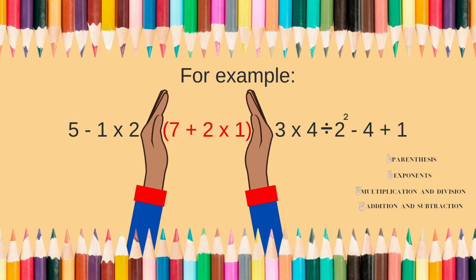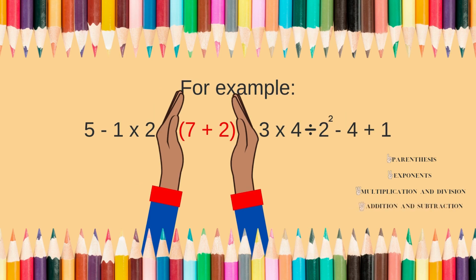As you can see, there are no extra parentheses inside it. Then we need to check for exponents. No, there are no exponents inside it. So now we check for multiplication and division. Yes, you can see 2 multiplied by 1.